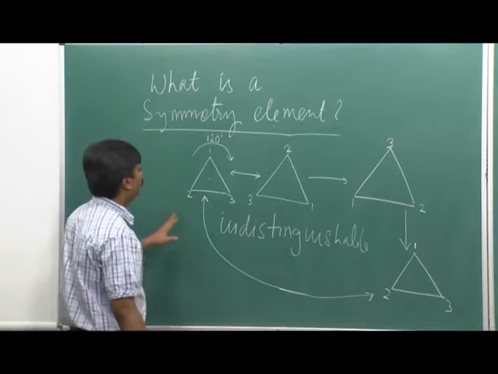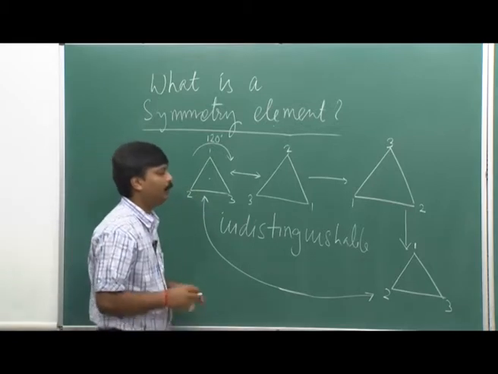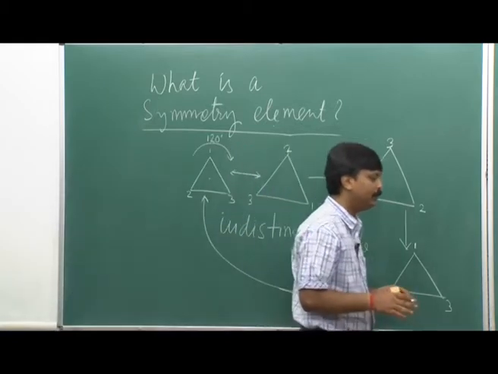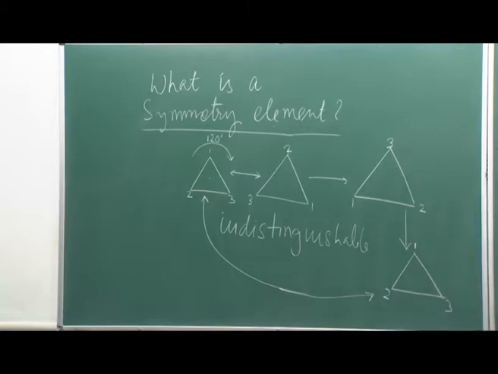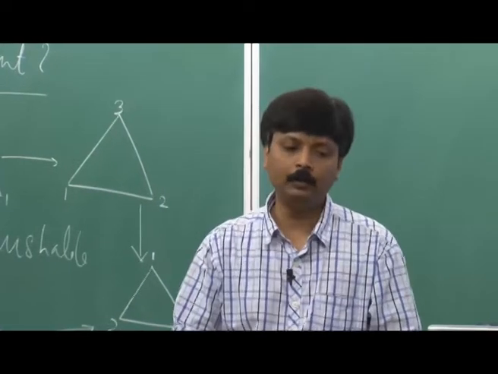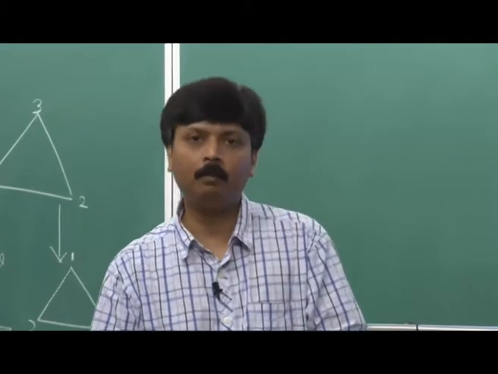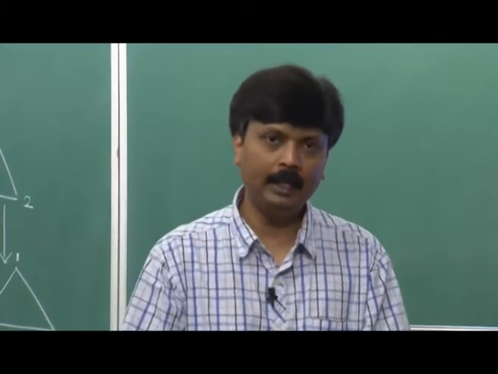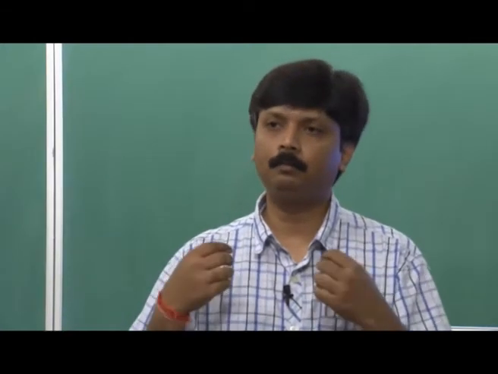All right. So you can figure out that symmetry operation and symmetry elements are very much interdependent. I mean, sometimes this can become a bit confusing. So you cannot have a symmetry operation without having the symmetry elements, and symmetry operations can be performed only when you have symmetry elements.